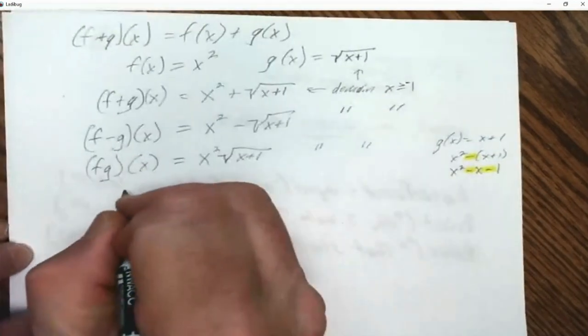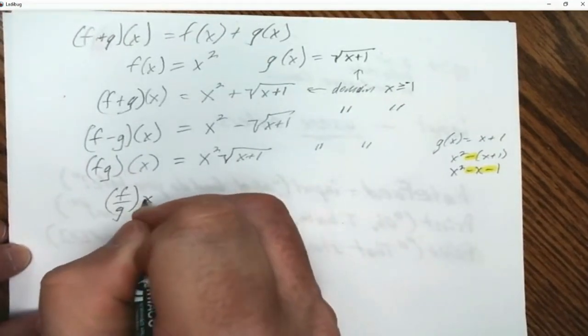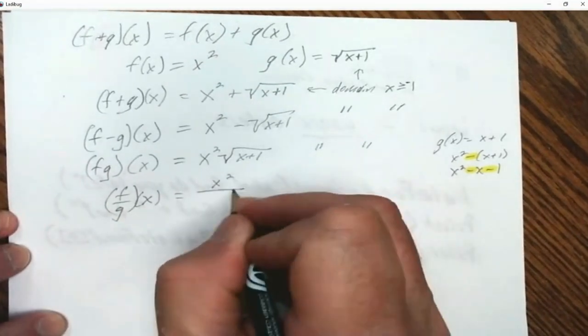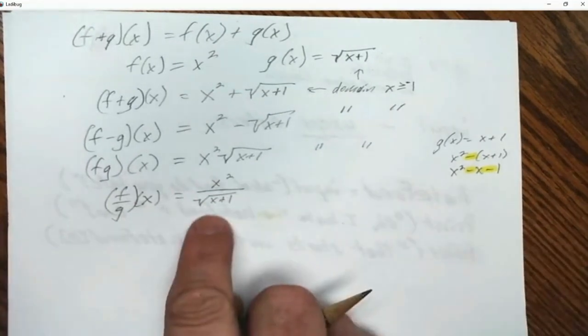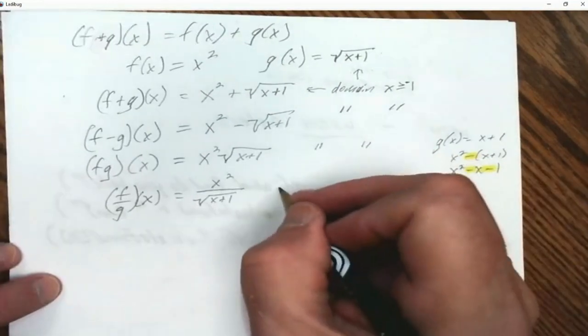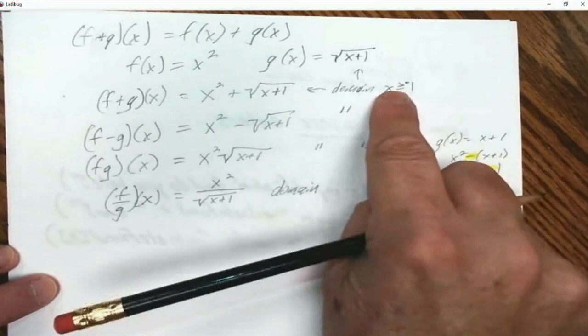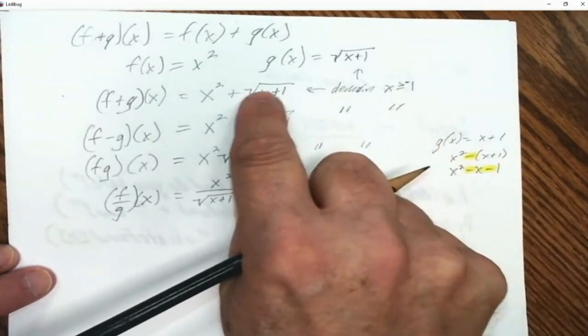If we do f divided by g of x, then that's x squared divided by the square root of x plus 1. And this has a further restriction. It changes just a little bit, the domain. Up here, it was okay if it was equal to negative 1, because negative 1 plus 1 is 0. The square root of 0 is 0.